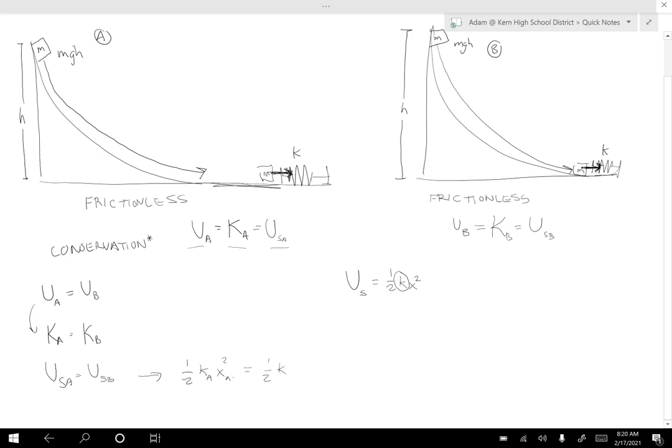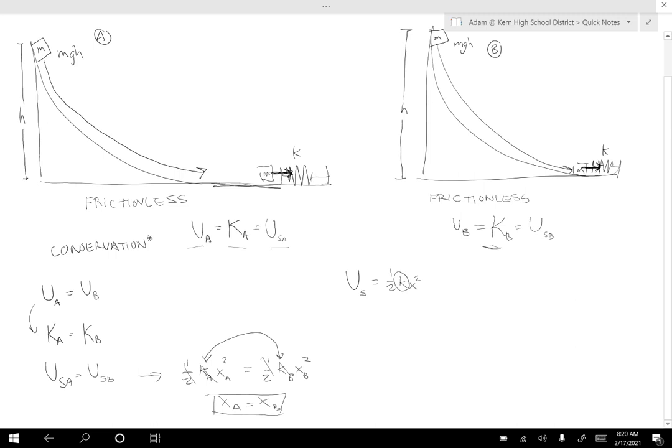Notice that this is a lowercase k versus the uppercase K for energy. Since those two k's are the same, everything can cancel and we get that the compression of the two springs is the same.